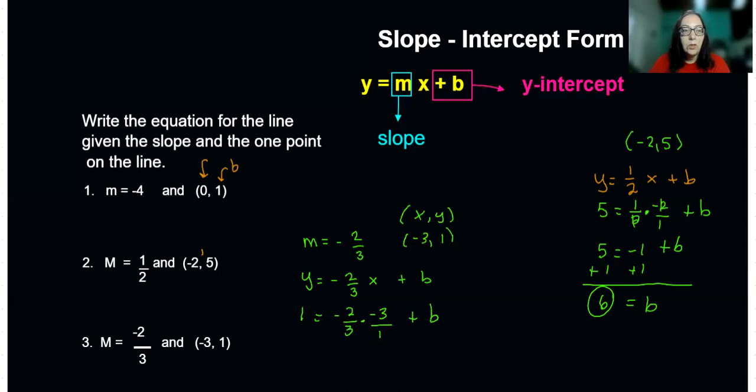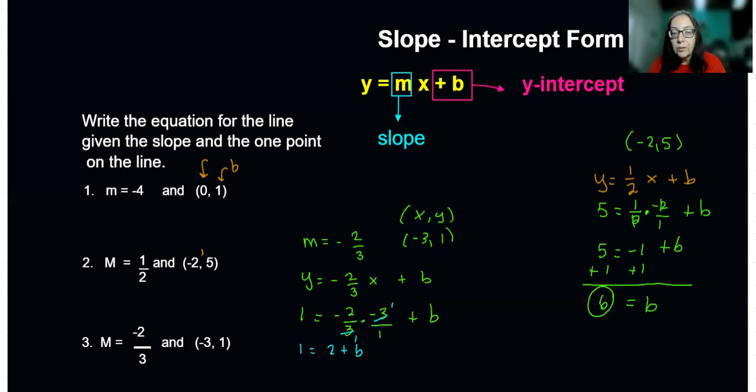Now I'm going to change the color here. Let's take our time. So here, 3 and 3 reduce down to 1s. So I get 1 equals -2 times -1 is 2, plus b. And we're solving for b, so I need to get rid of that positive 2. And how do I do that?